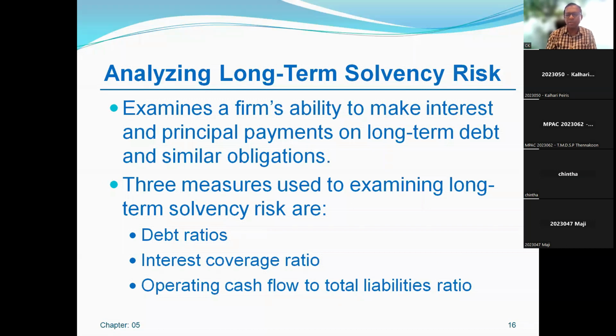Then you see, from a total liability perspective, your total operating cash flow: how far your operating cash flow is supporting the liability. If the ratio is high, that means you are under control. So these things will eventually link up with liquidity and the long-term financing options. That's something we need to keep in mind when we look at this long-term solvency risk.